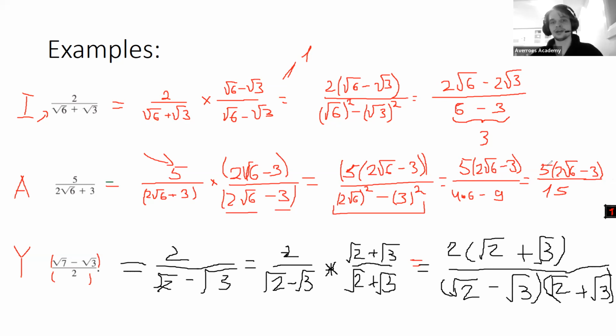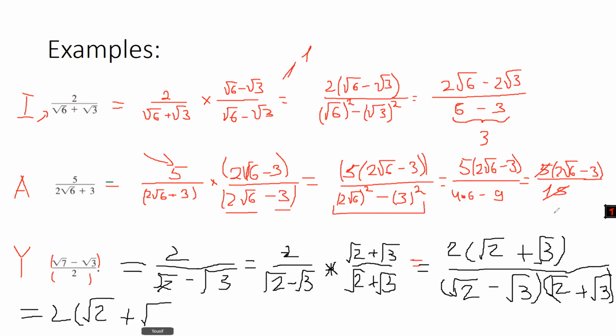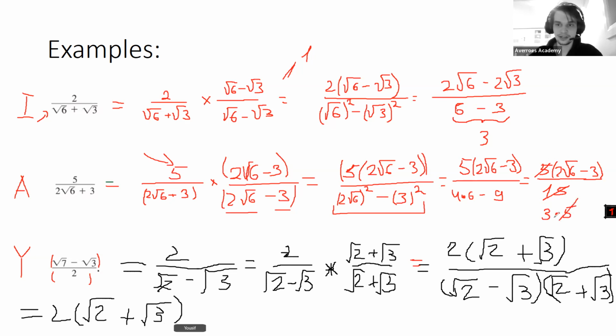In this case, you can divide by a common factor. For example, 5 and 15 have a greatest common factor of 5. So you can divide 15 by 5 and basically 5 divided by 5. That's the way of simplifying, because 15 can be represented as 3 times 5, and that's where you're subtracting this 5.